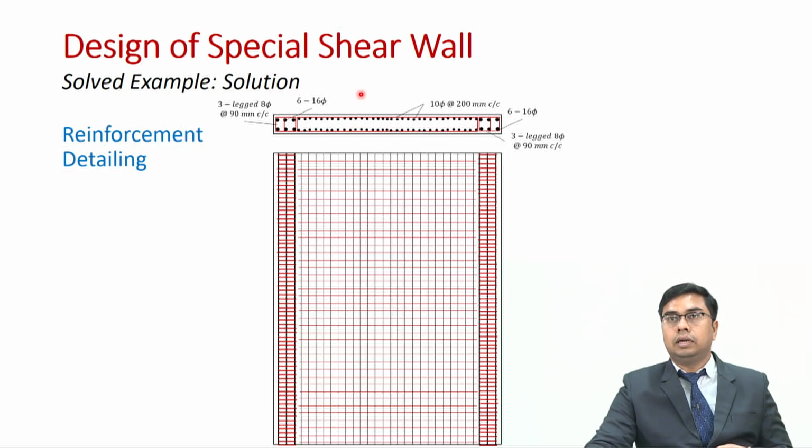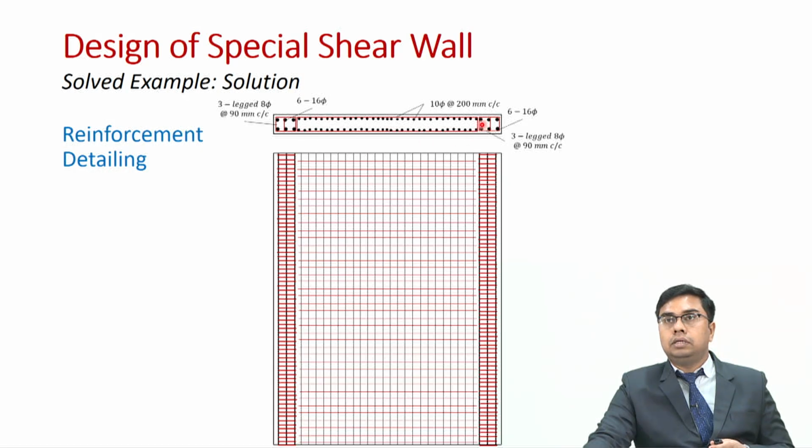You can see over here, horizontal and vertical bars both are 10 mm dia bars at 200 mm center to center spacing. One thing you should also notice is that the horizontal bar is located outside the vertical bars for good confinement. So that is a good site practice that you should be observing.